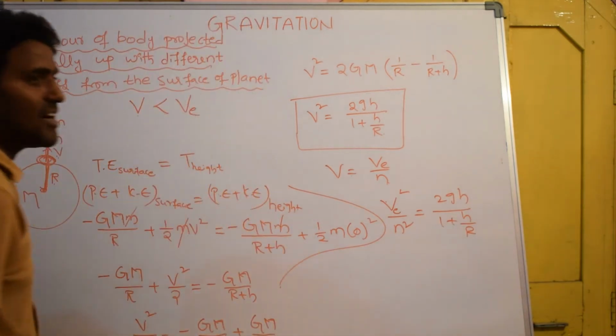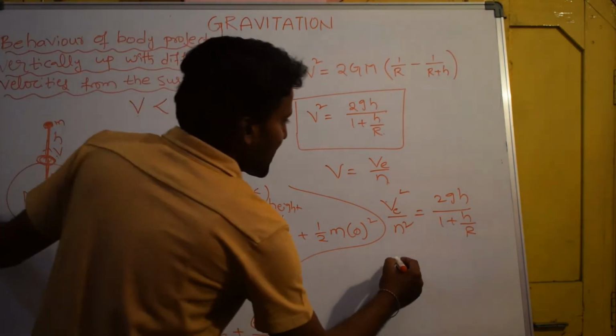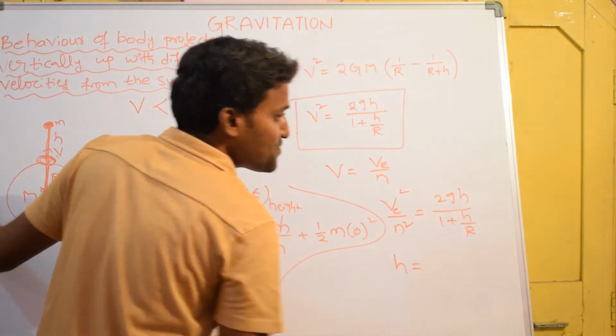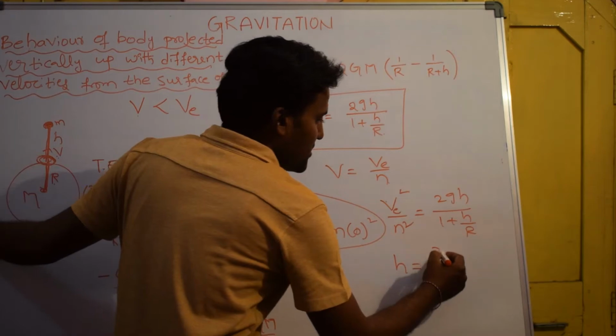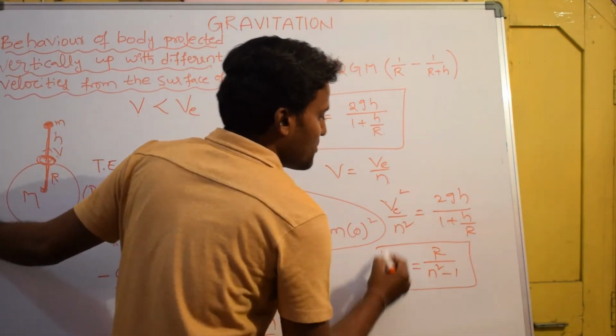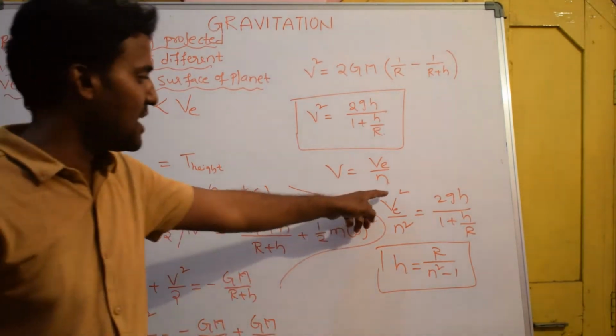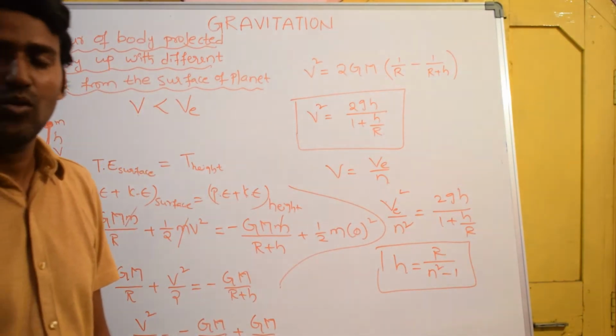Then if you calculate this one, h is equal to r divided by n square minus 1.